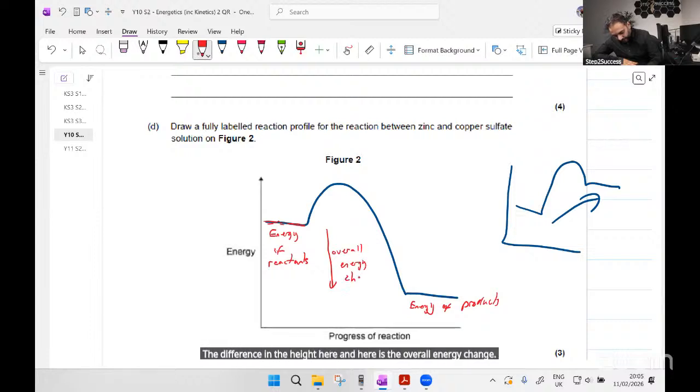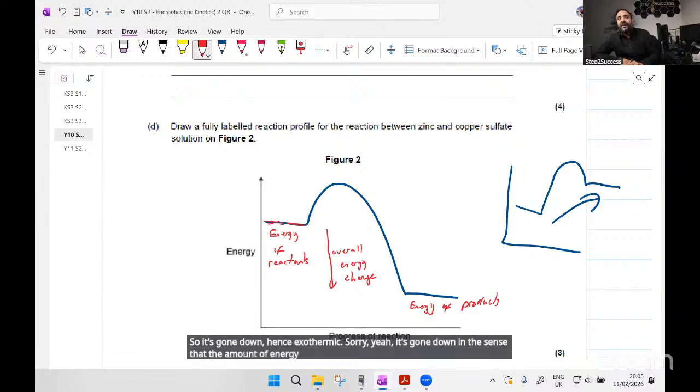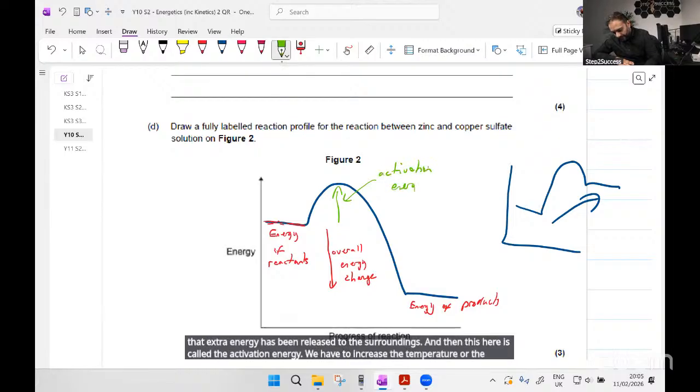So it's gone down, hence exothermic. It's gone down in the sense that the amount of energy we began with is more than what we finished with. So that extra energy has been released to the surroundings. And then this here is called the activation energy. We have to increase the temperature or the energy to begin the reaction to get it going. And that covers that one.